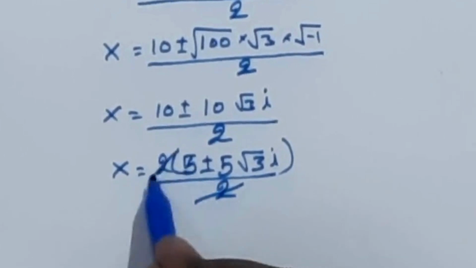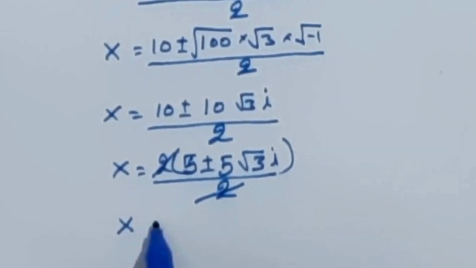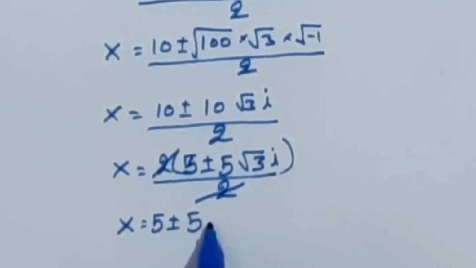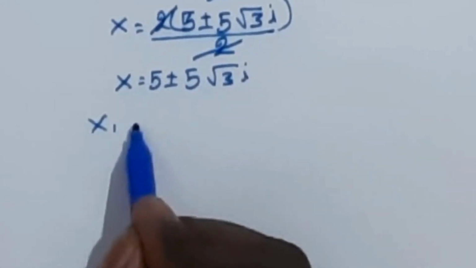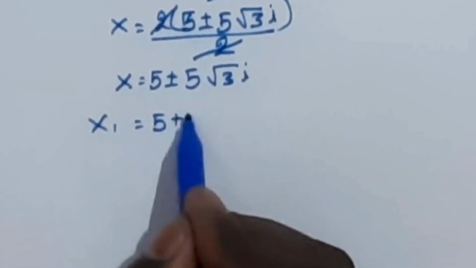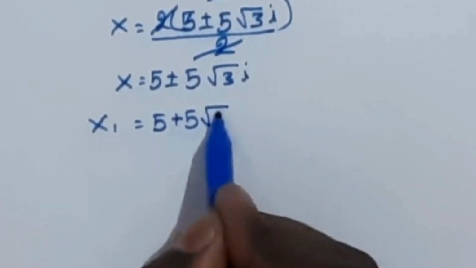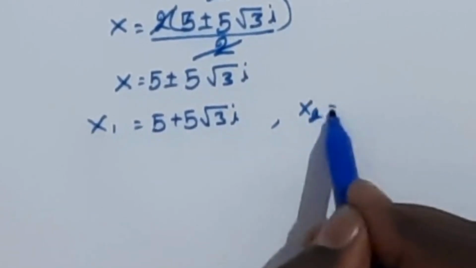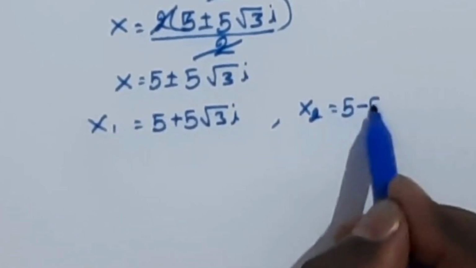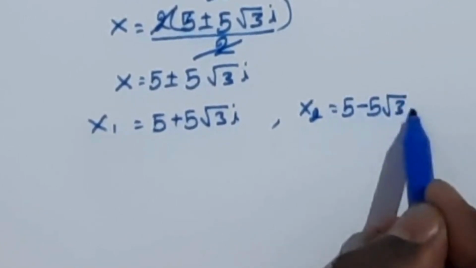This 2 cancels. So we have x equal to 5 plus or minus 5 square root of 3i. Now x1 equal to 5 plus 5 square root of 3i, comma, x2 equal to 5 minus 5 square root of 3i.